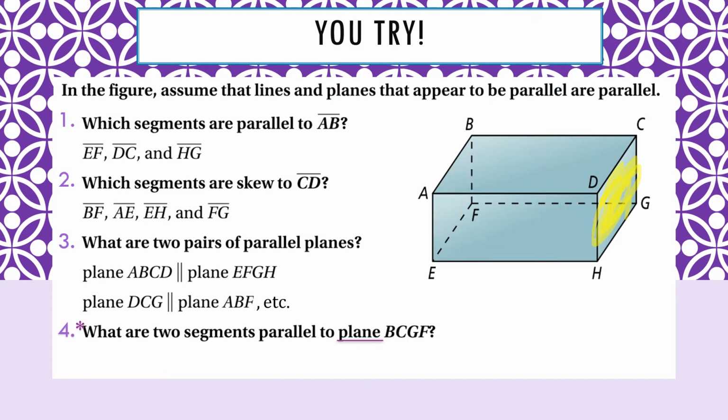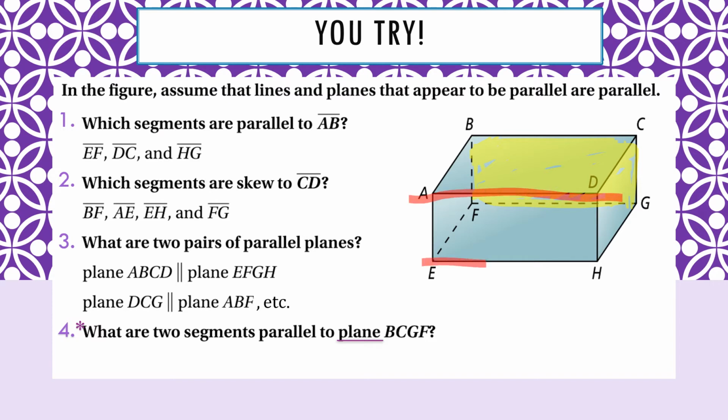What are 2 segments parallel to plane BCGF? So first of all, BCGF is this one back here. I think this is the hardest part for you guys, to decipher where that plane is. So 2 segments that are parallel to that plane. We could say that AD is parallel.